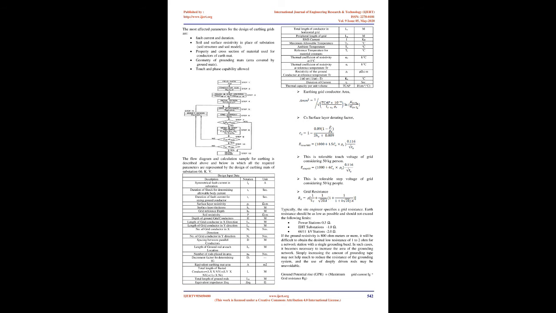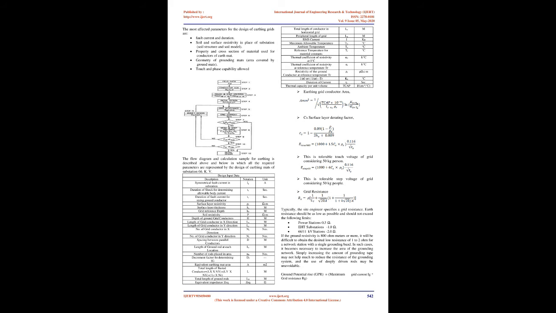Total length of buried conductor equals LX times NY plus LY times NX plus LR times NR, L, m. Total length of ground rods, LR, m. Equivalent impedance, ZEC, ohm. Total length of conductor in horizontal grid, LC, m. Peripheral length of grid, LP, m.